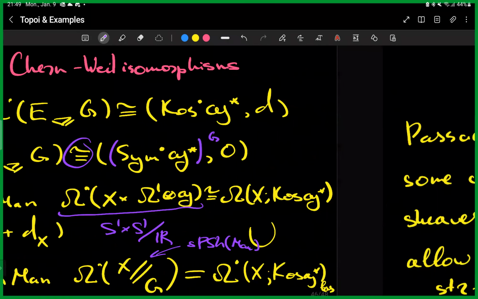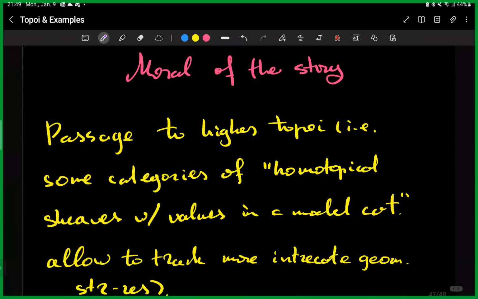Anyway, I wanted to finish this recollection of the story with the following moral tale. As we experienced, sheaves allow us to capture some geometric structures in a uniform way. For example, we can capture differential forms like that, and many other things. And we can define what differential forms are on, for example, infinite dimensional manifolds using this technique.